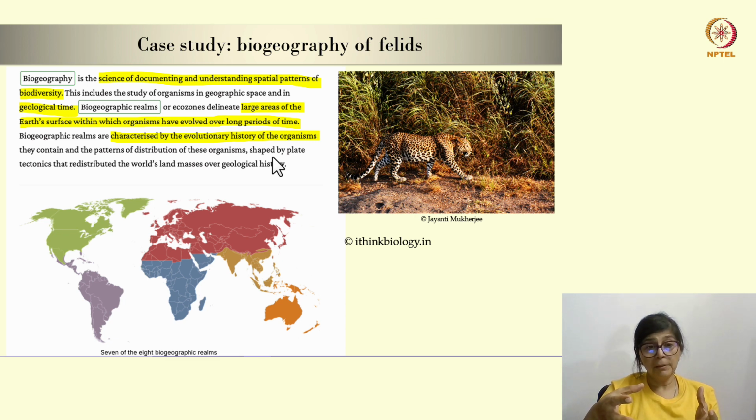Let's see the example. There are 8 biogeographic realms. 7 are given here. The Arctic and Antarctic are not included, but all the others are here. So if you talk about biogeographic realms, the green one is called the Nearctic. These are the new world species and comprise mostly the region towards the Arctic tundra and from Palearctic to Nearctic.